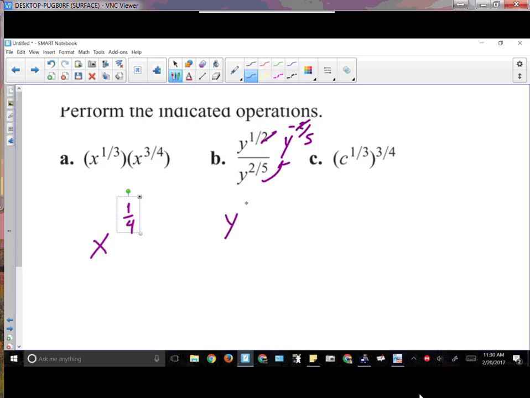So I would have y to the negative 1/5, which really means that I should have it as 1 over y to the 1/5. Does that puzzle you? Some of you are looking at it rather harshly. Just follow the rules of exponents.